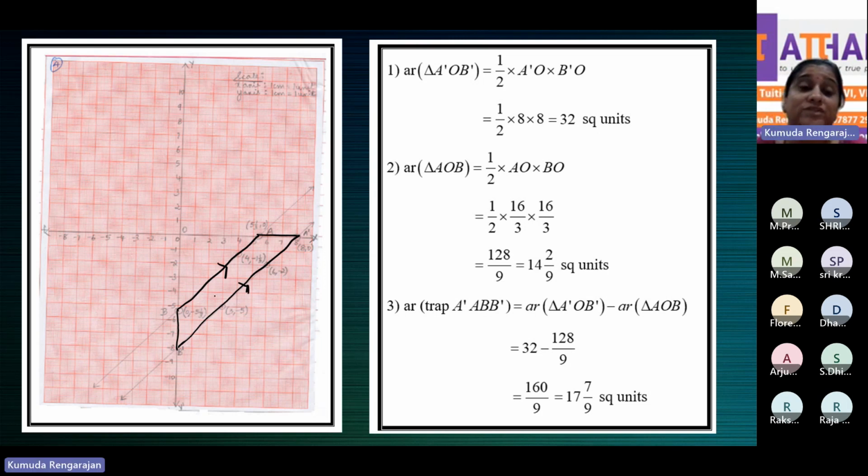So you need to find the area of this trapezium. The area of this trapezium is the difference between the areas of the two triangles. See here, you can see one big triangle here. Let me trace it carefully.